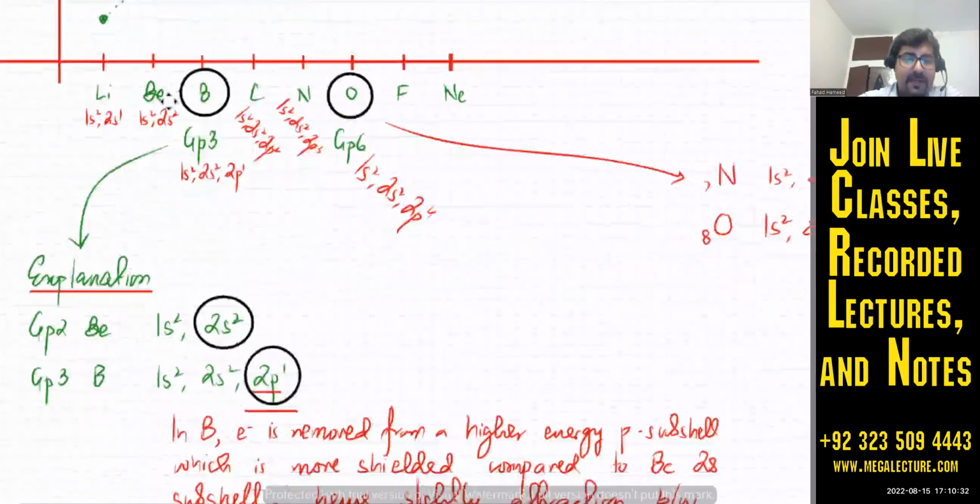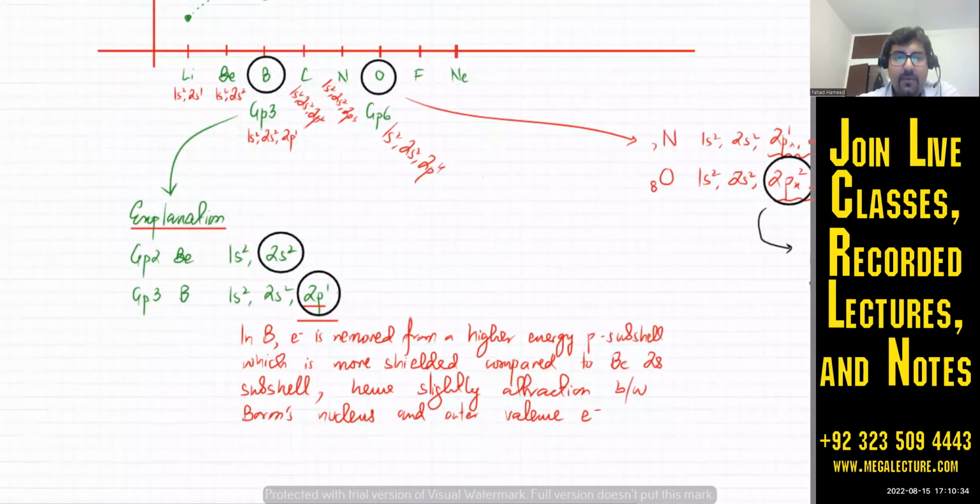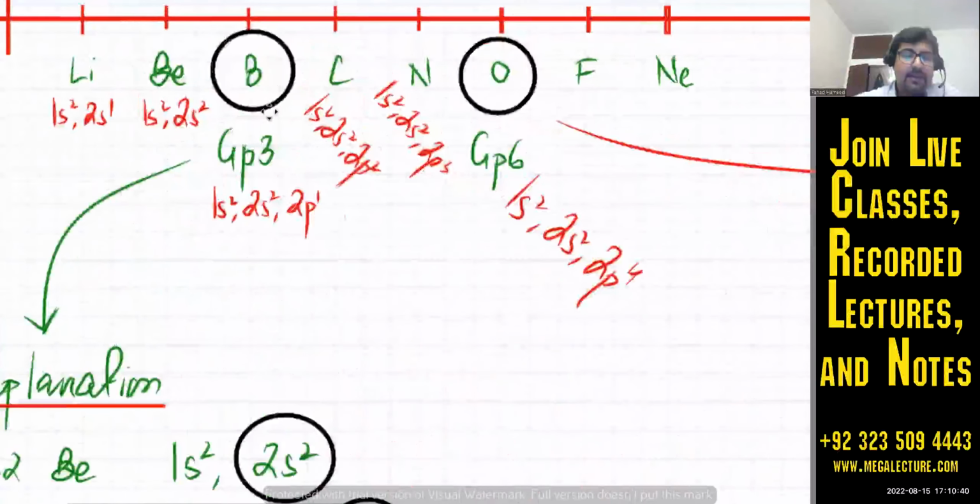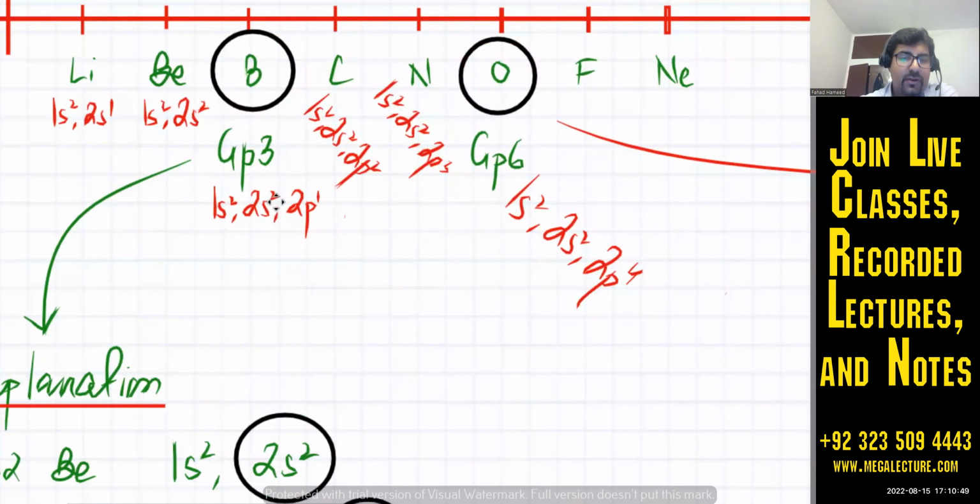Group 3 mein tha ke, why is there a dip at group 3? Because all of a sudden you were removing electrons from the 2s subshell, but when you move to boron, you're now removing an electron from the 2p subshell. So there's an extra subshell, which leads to higher shielding.